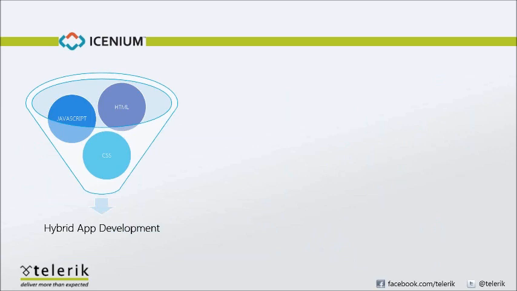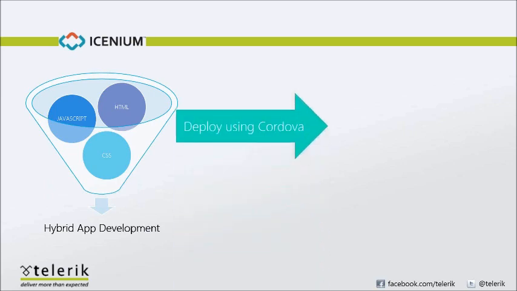Usually we create hybrid applications using our existing web technologies knowledge, that is JavaScript, HTML, and CSS. So the main concept of hybrid application development is that you create an application using JavaScript, HTML, and CSS. Then you deploy that using Cordova. Now what is Cordova?